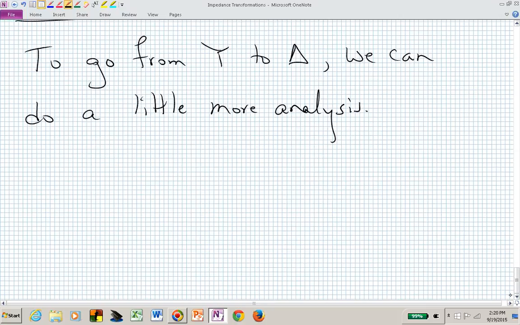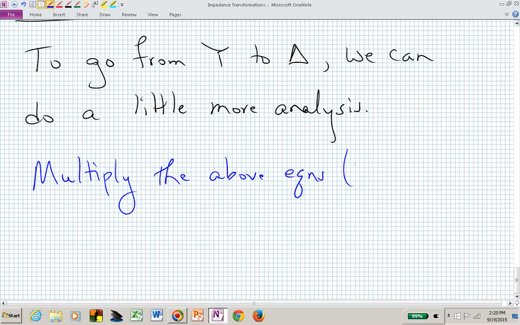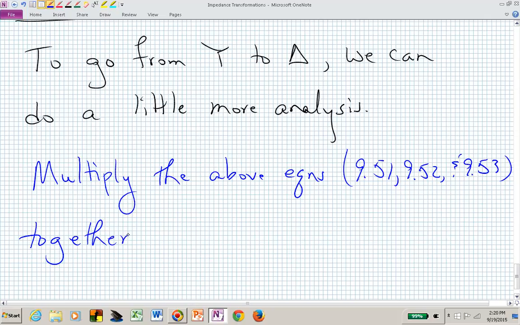And what we're going to do, we're going to get a little creative here, but now let's multiply those three equations that we just derived, the above equations, equation 51, 52, and 53 in Chapter 9, and the way that we are creatively going to multiply those is we're going to multiply those together pairwise.